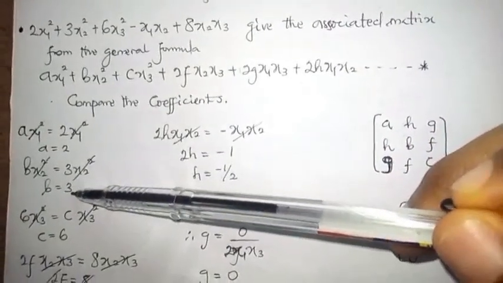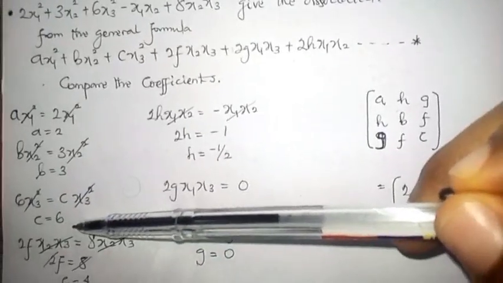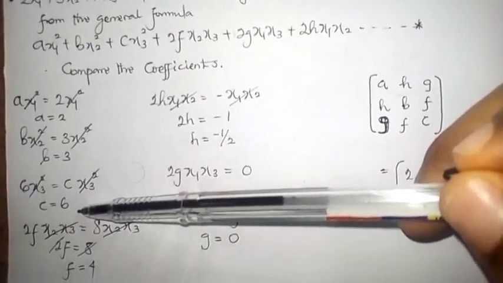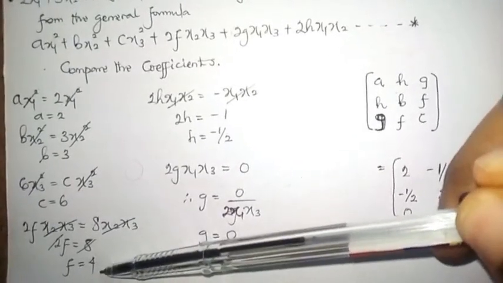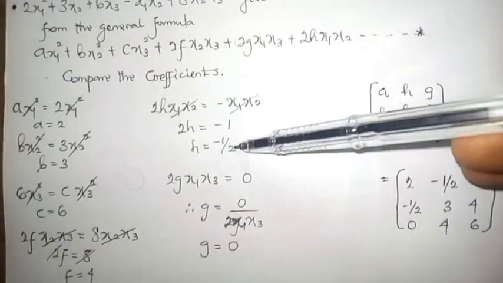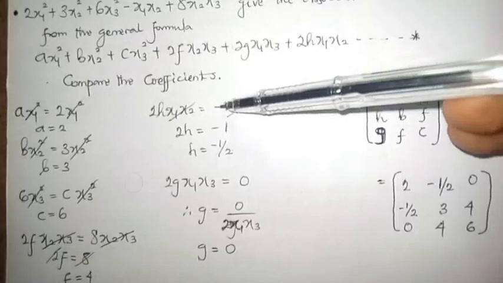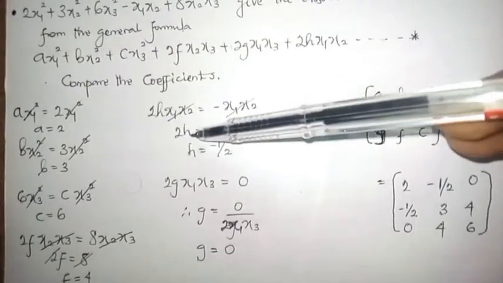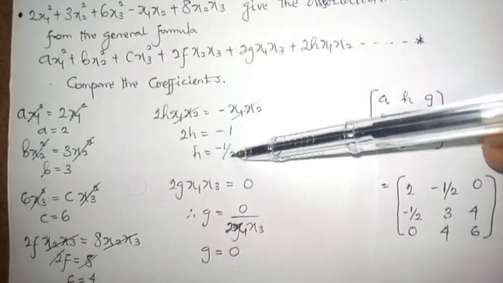We did the operation on x2, we are left with b equals 3. We did on c and we are left with c equals 6. We did on f, we are left with f equals 4. We did on h, here we are left with h equals minus half, because we have minus x1, x2, 2h, 2 divides minus 1, which gives us half.